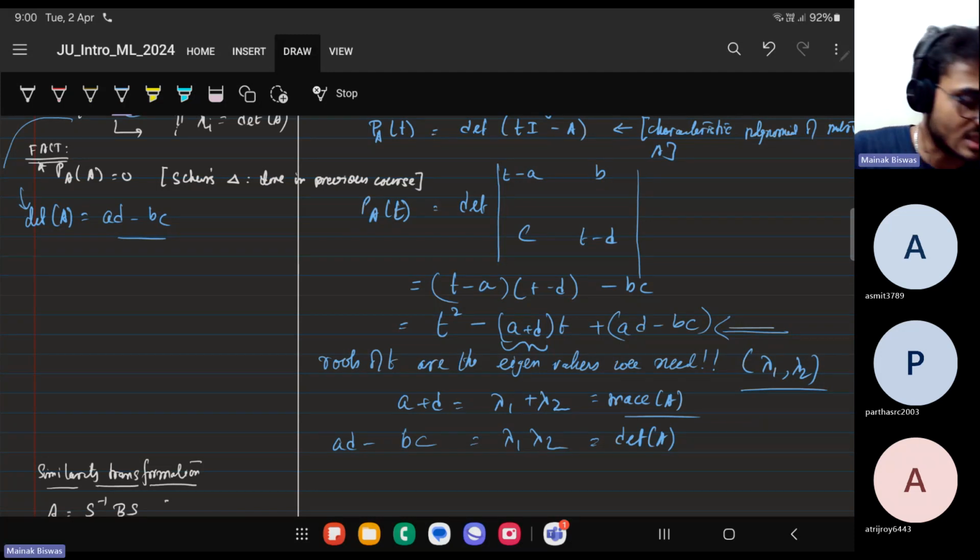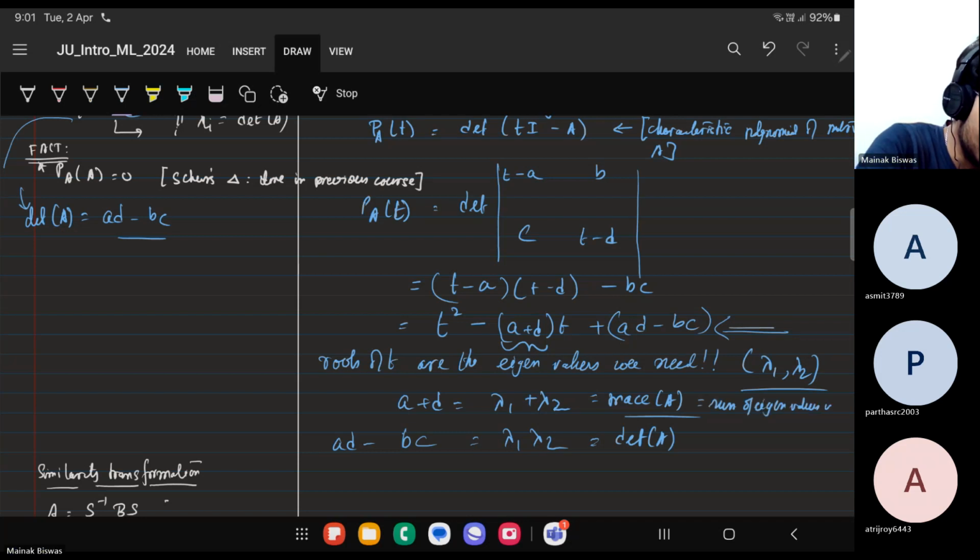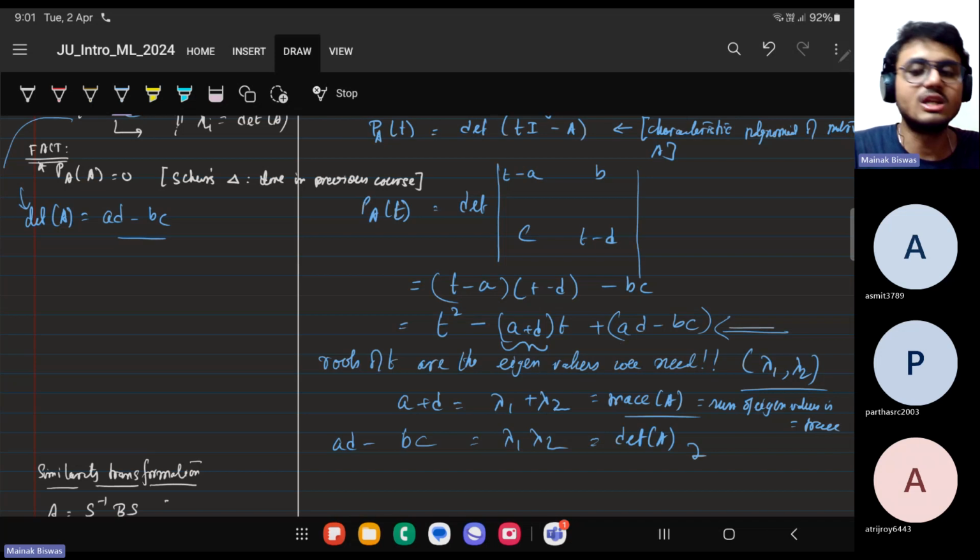The sum of the eigenvalues is equal to the trace. The product of the eigenvalues is equal to the determinant. Last time we had also shown this for an n by n matrix. How can we show it for an n by n matrix? Any idea?